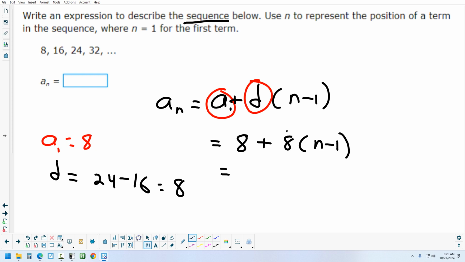What do we have to do with this 8 on the outside? How about Isaac? What do we do with this 8 on the outside? We want to simplify this as much as we can.